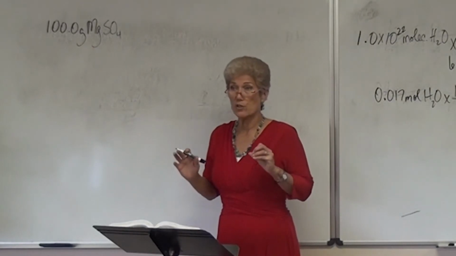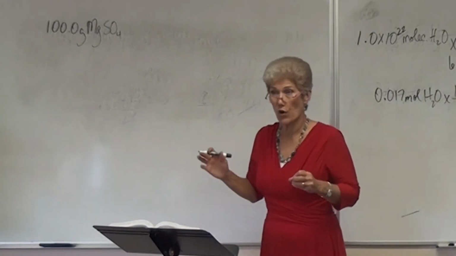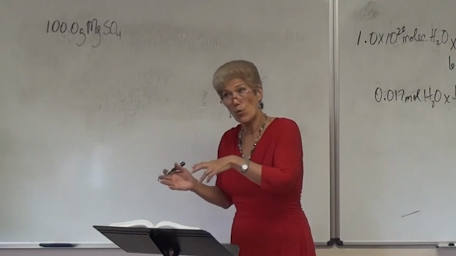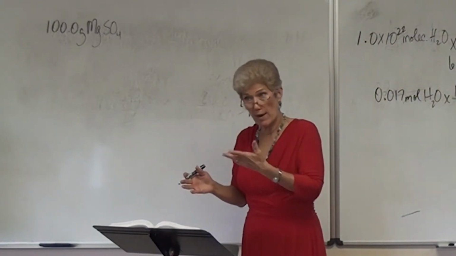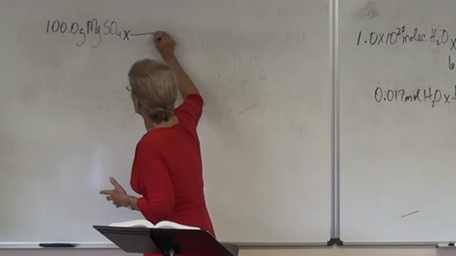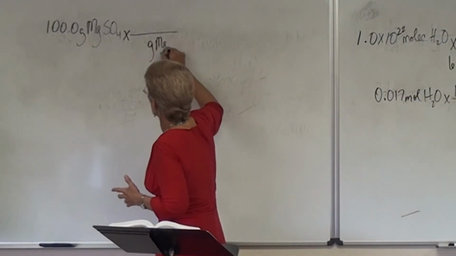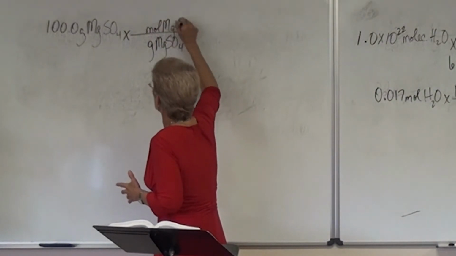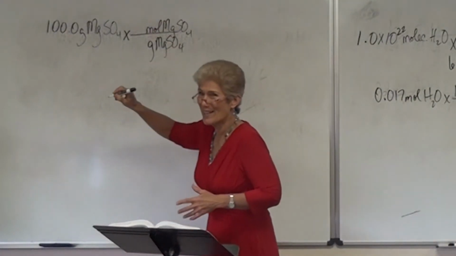Well, guys, we're actually going to have to go through the moles, aren't we? Because we know for every mole of magnesium sulfate, there's 7 moles of water, don't we? Right? So we have to take this and we have to go to the moles. Guys, if you're in doubt, go to the moles. That's really what it gets down to.